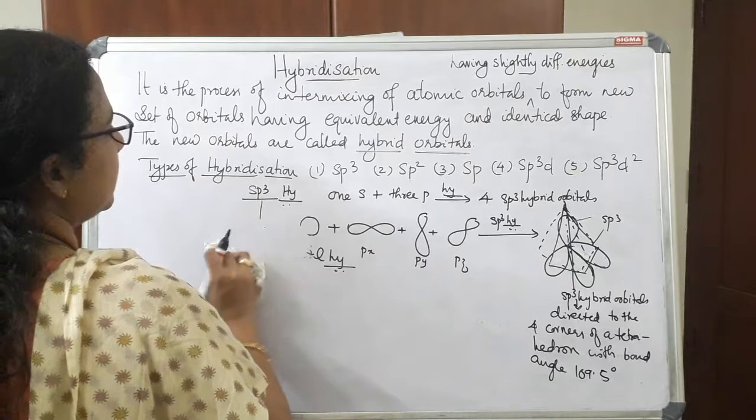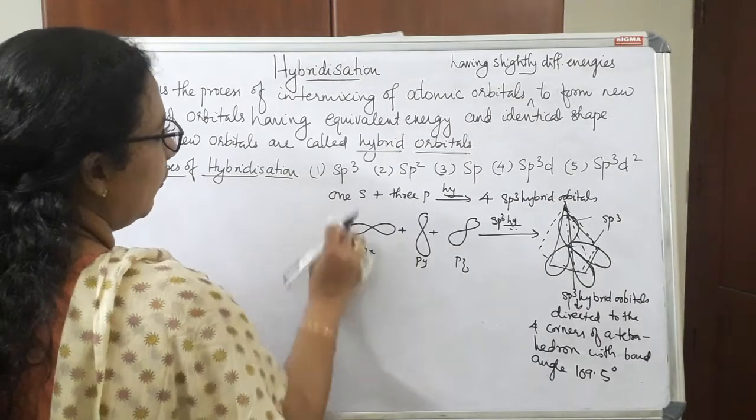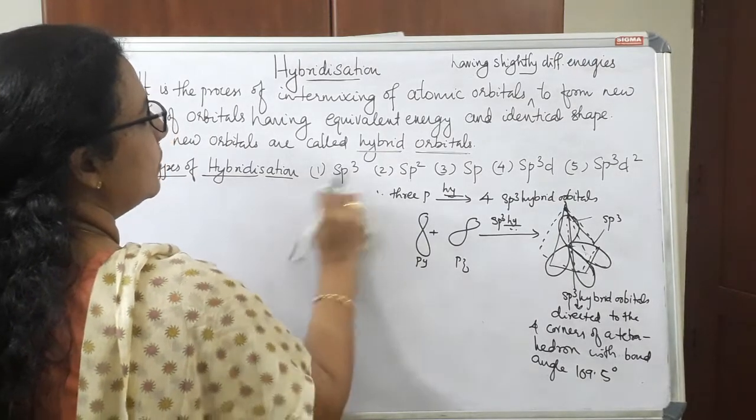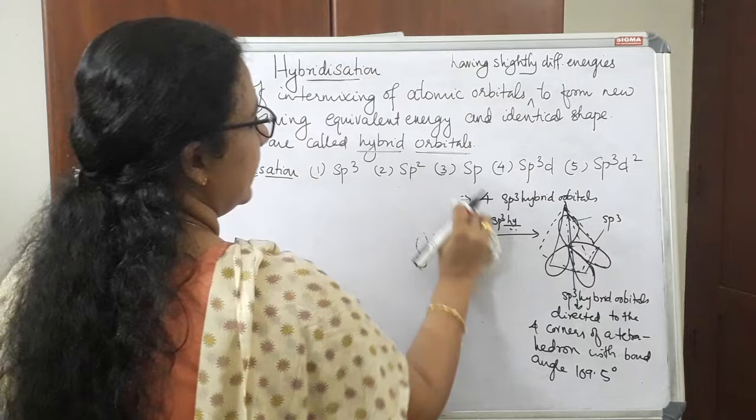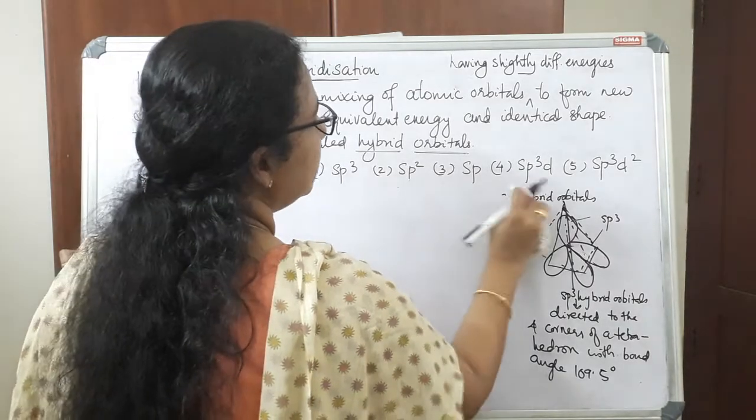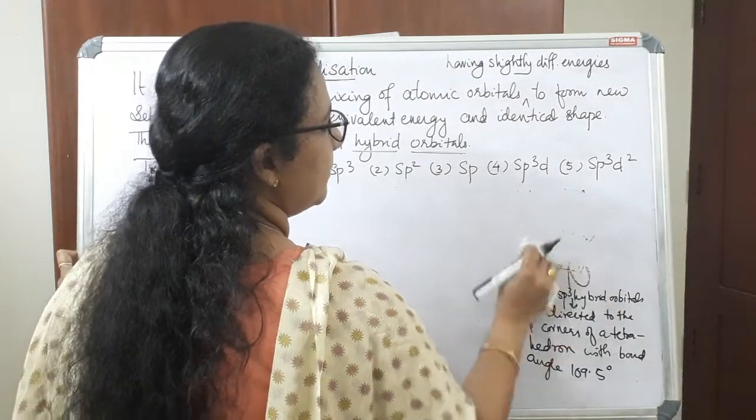So let us explain the geometry of a molecule using sp3 hybridization. Let us take the methane molecule as an example.